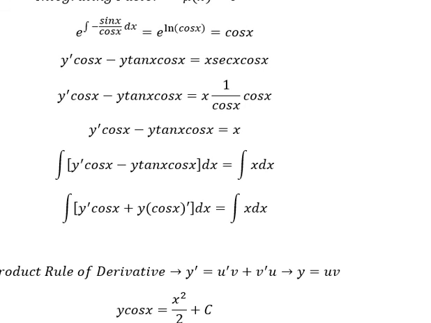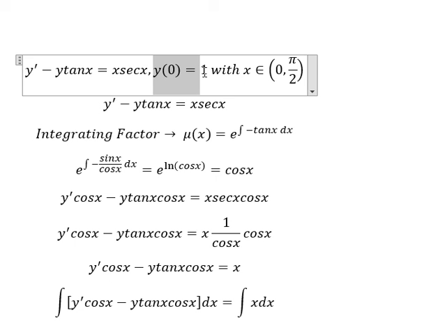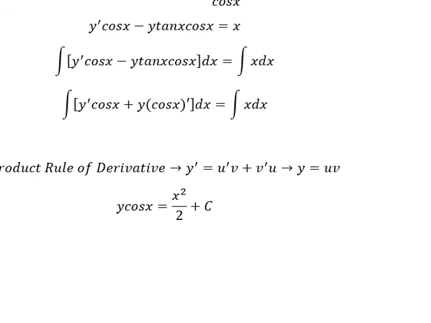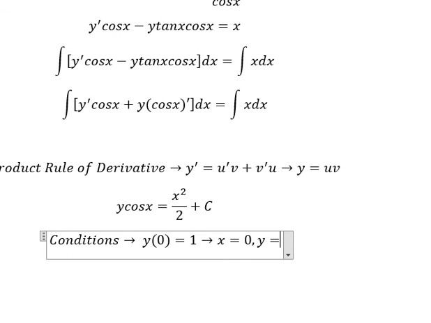Now we have initial conditions. That's this one. That means s equals 0, y equals 1.